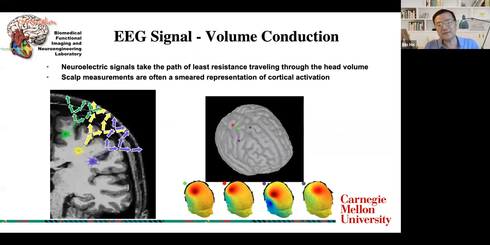And if it starts from different locations, by the time you get to the scalp, it's going to get quite a smear, as shown on the right panel of this slide. Even though the cortical source is quite distinctive, it's hard to observe such distinctive localization from scalp EEG recording.